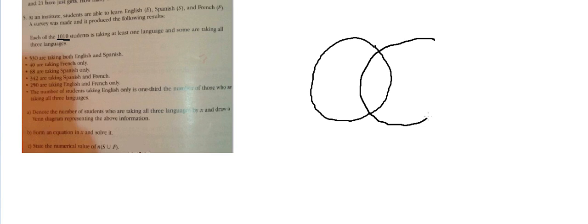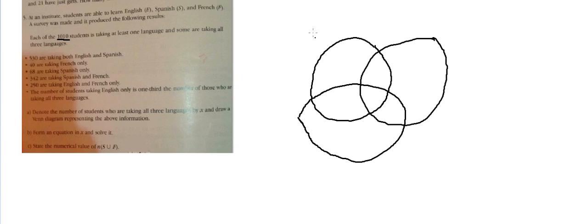This means, first, by drawing the Venn diagram, we should draw three intersecting circles, where each circle represents a language. This is English, this is Spanish, and this is French. Why do they intersect? Let's see here.